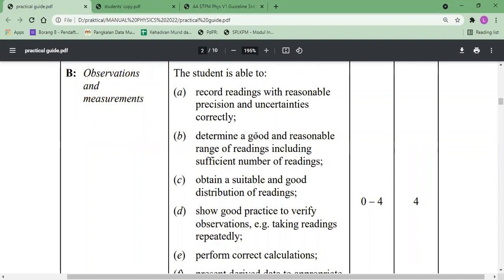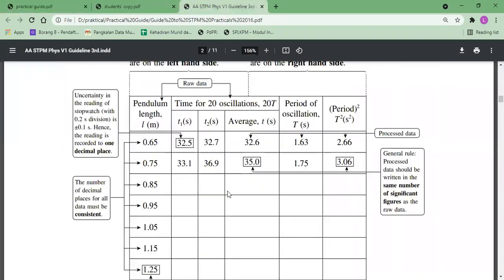So after that, determine a good and reasonable range of the reading, including sufficient number of readings. So that means, ladies and gentlemen, if the time taken is 32.5, all of the readings must be in one decimal place.